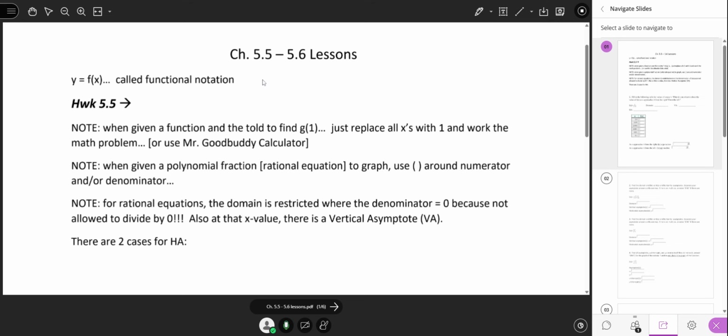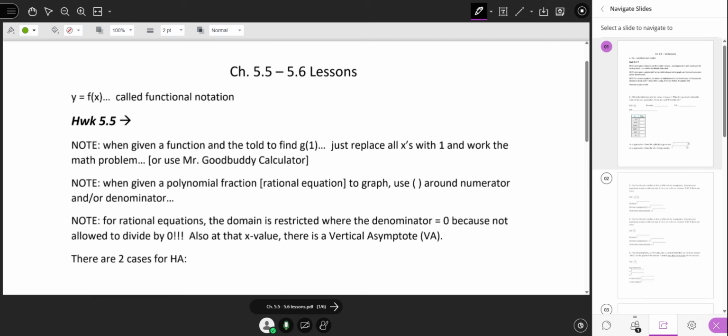Because it's so much quicker and easier to say find f of 2. Saying find f of 2 is the same as saying when x equals 2, what is the value of y? It's just a shorthand way of doing it.